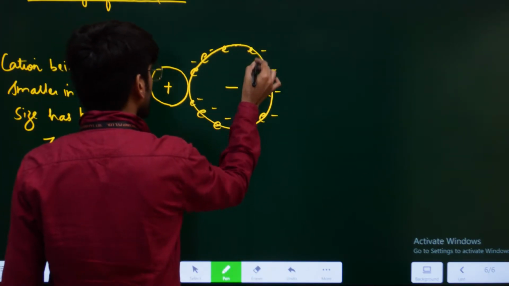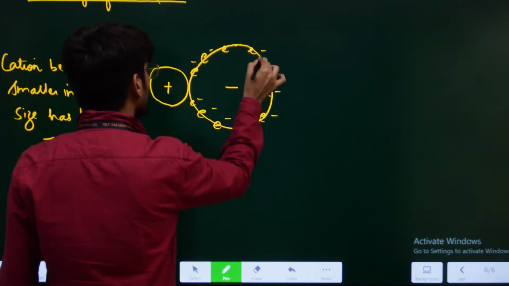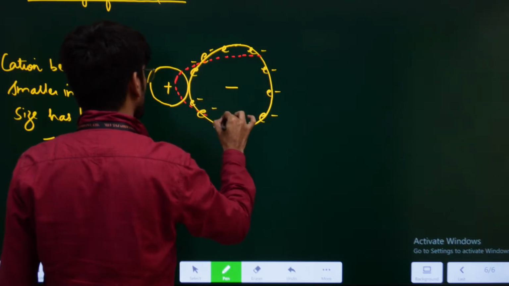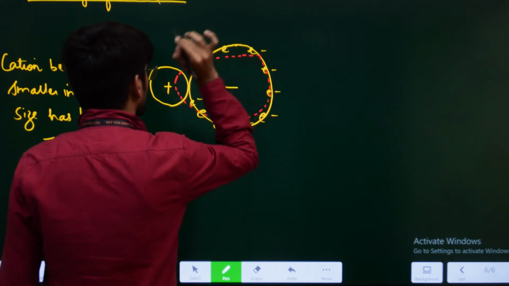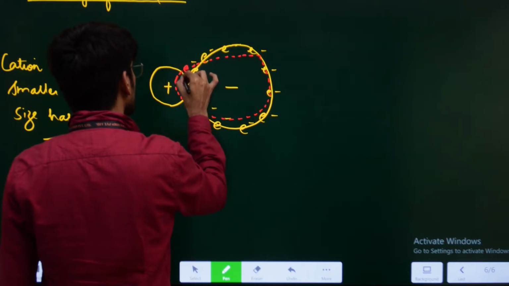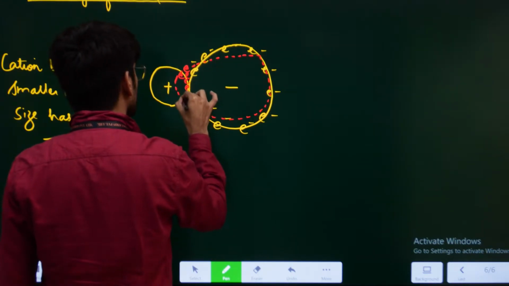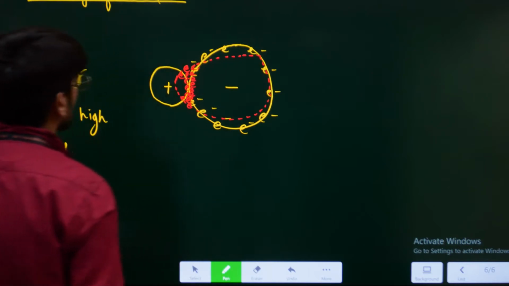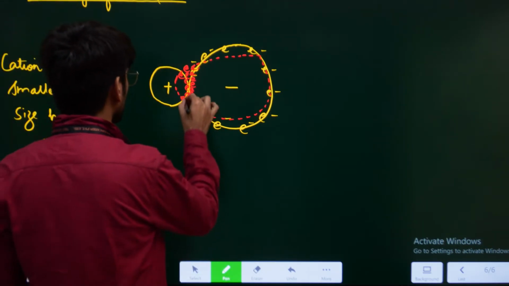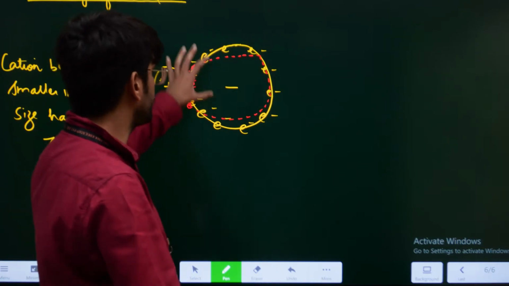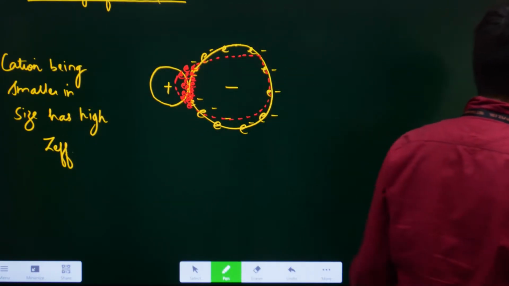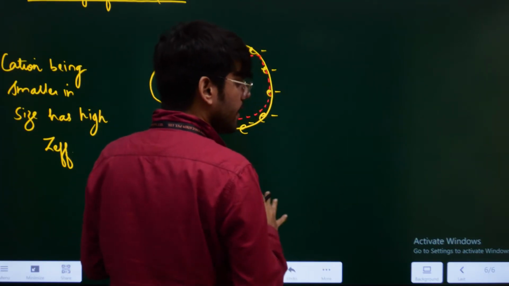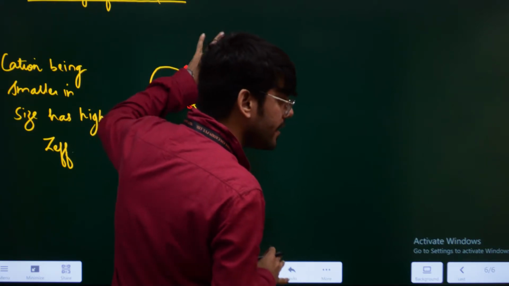It distorts the electron cloud of the anion towards itself. Now the electron cloud is concentrated in this region, and because of that, a hypothetical polarity is generated.